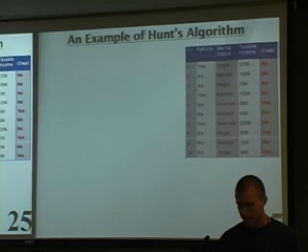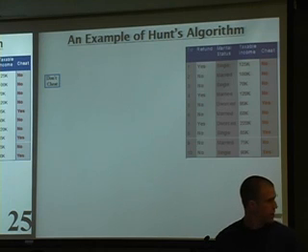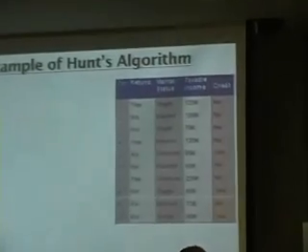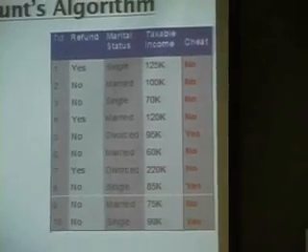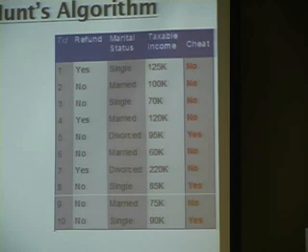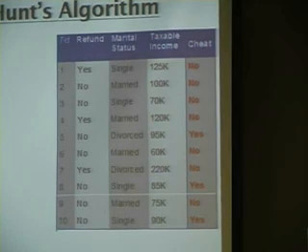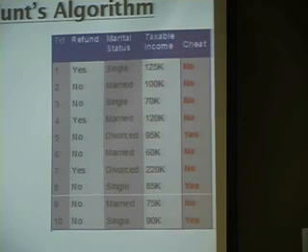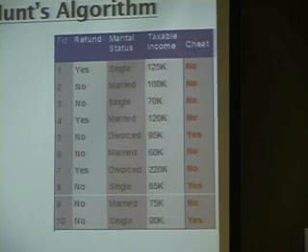So this is the example of cheating on your taxes. If you think about these guys, 1, 2, 3, 4, 5, 6, 7, 8, 9, 10, they go no, no, no, 4 no's. And then 5 is a yes, and then 8 and 10 are yeses.